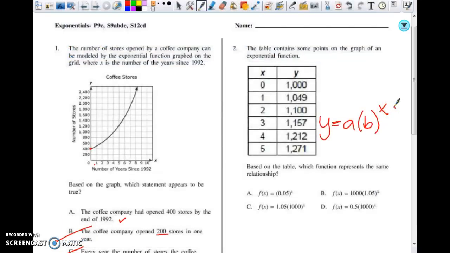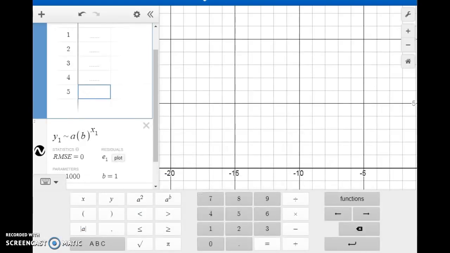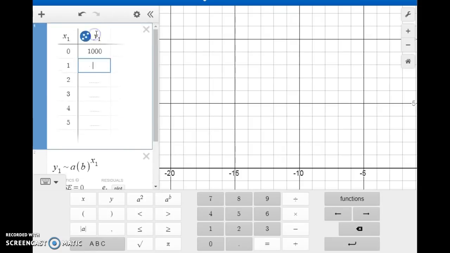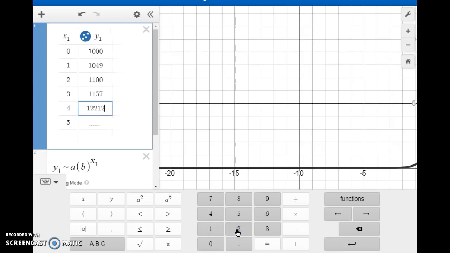All right, actually I want to show you, because some of you were barely doing the work today, so I'll go ahead and keep populating it. So it's 1,000, 1,049, 1,100, 1,157.